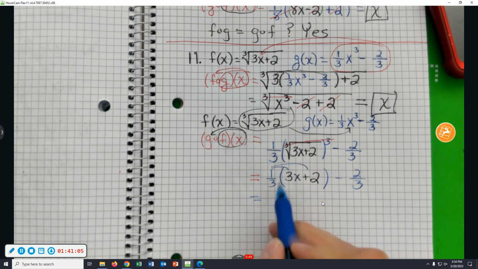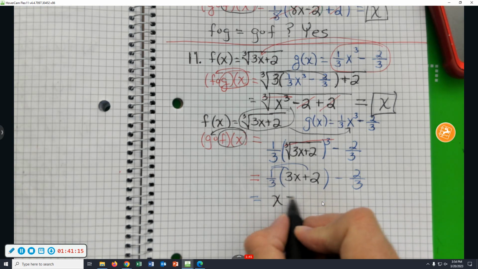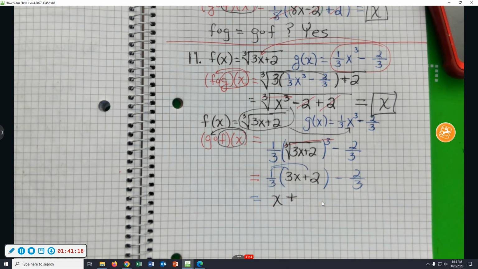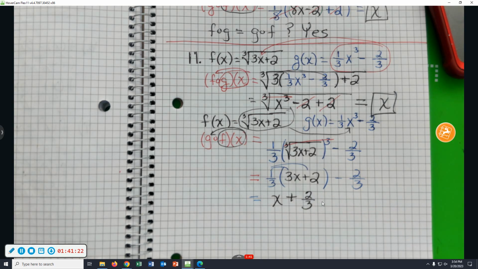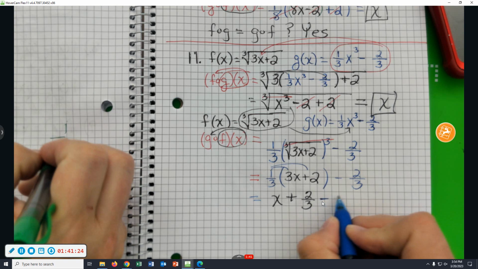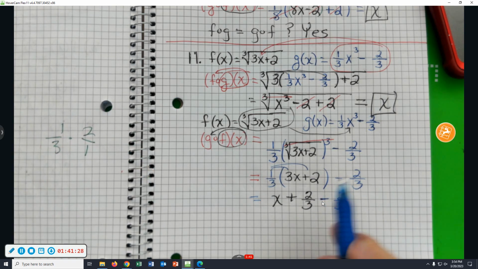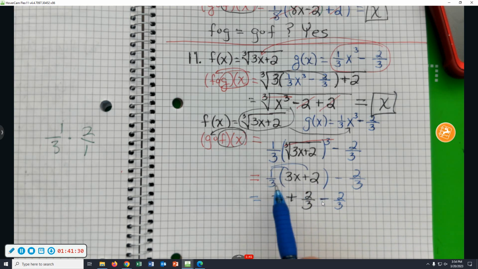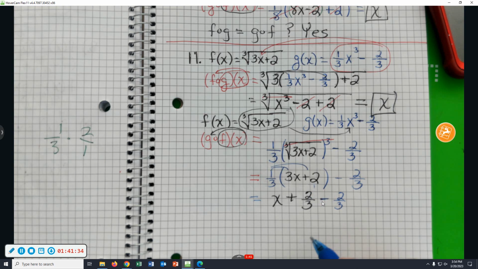The 1/3 times 3 is just 1x, so x, plus 2 times 1/3, which is 2/3. That's 1/3 times 2 over 1: 1 times 2 is 2, 3 times 1 is 3.